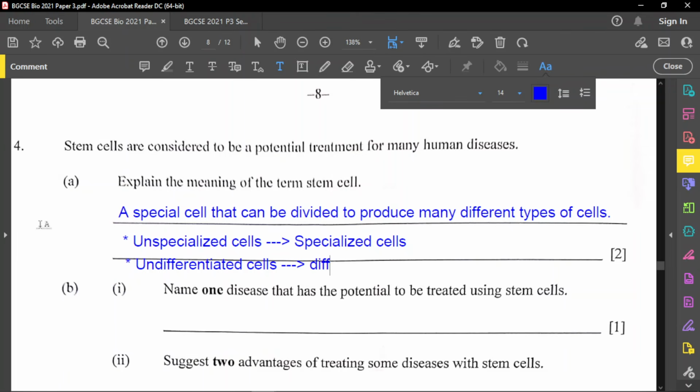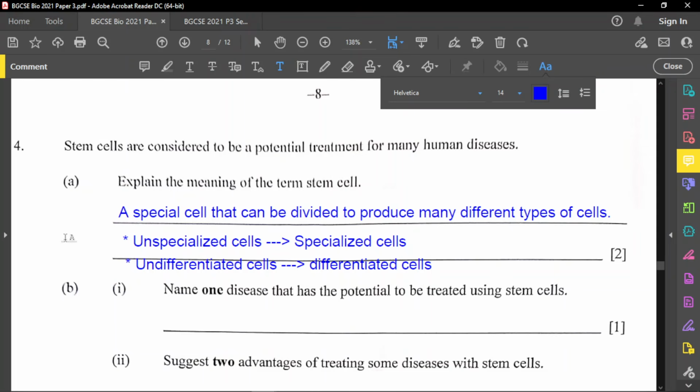So stem cells can pretty much make any other type of cells, and they are generally called unspecialized cells or undifferentiated cells. Undifferentiated cells do not have specific functions as yet, but they themselves can be used to become specialized.